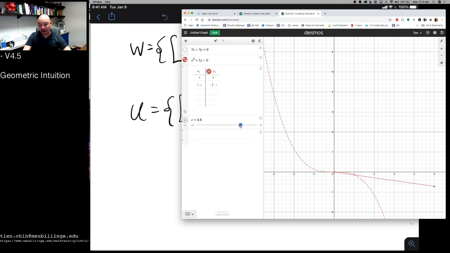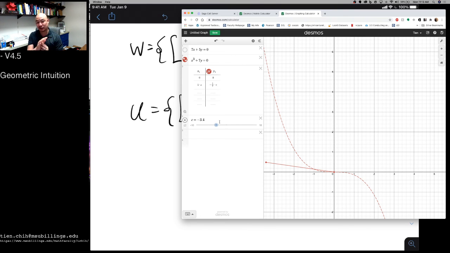But for every other value, those vectors that you obtain from scaling by other constants are not in U. So this subset also fails the rules of the scalar product.